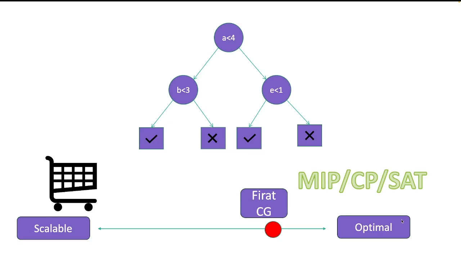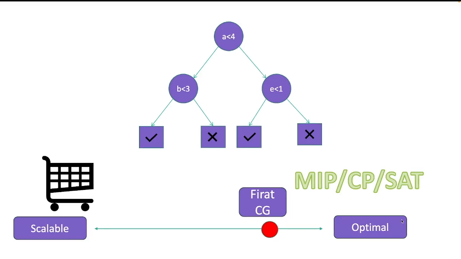So that's why they decided to come up with something in between, which is a heuristic, not something that can prove optimality, but something that is closer to optimal and more scalable than these OR methods, and more optimal than the CART method, right? So that's what they came up with. So let's see what they did.